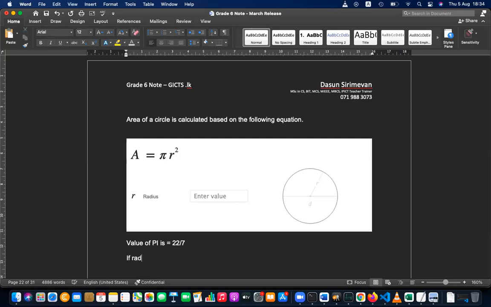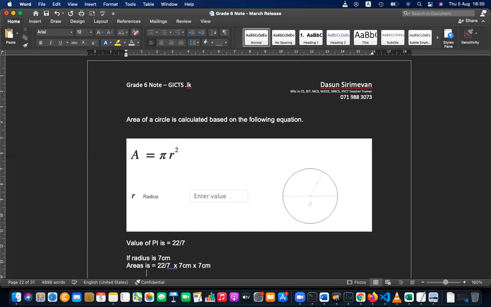If the radius is 7 centimeters, the area is 22 divided by 7 multiplied by 7 cm, multiplied again by 7 cm, because it is pi r squared.